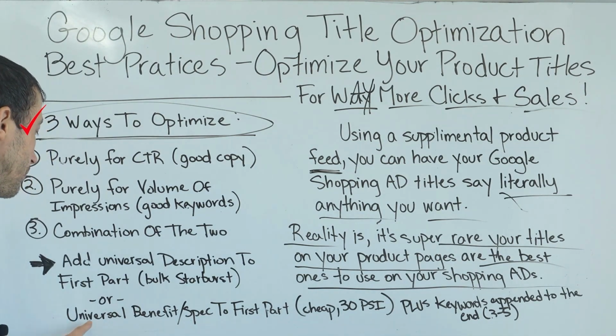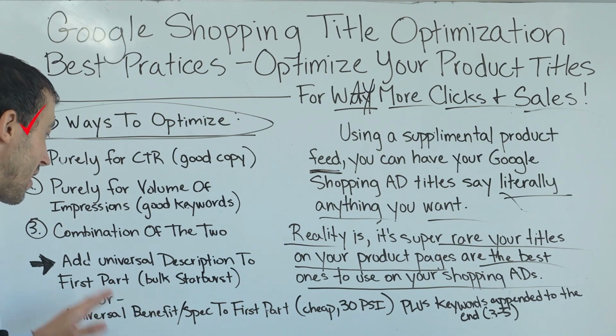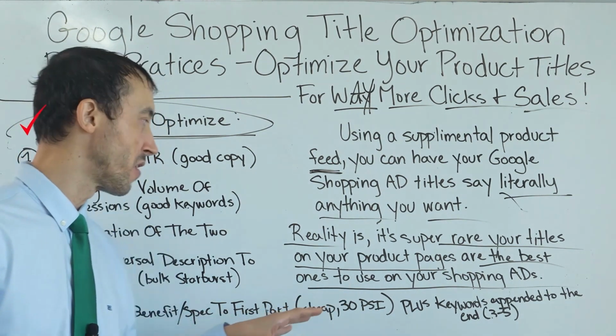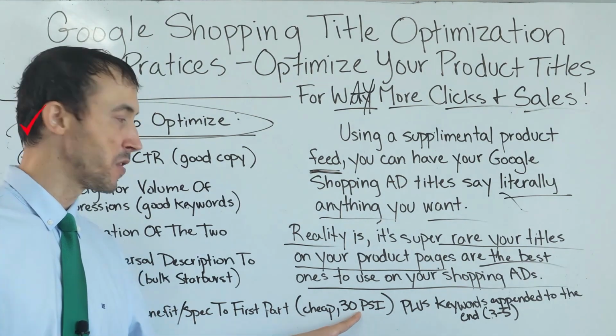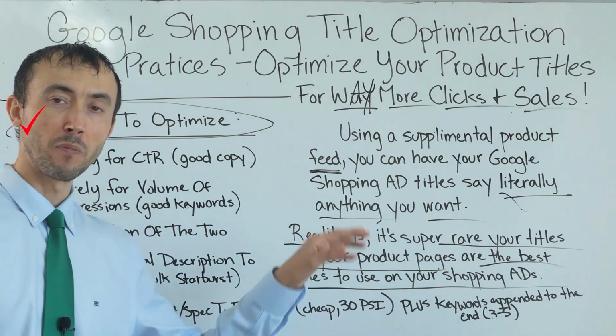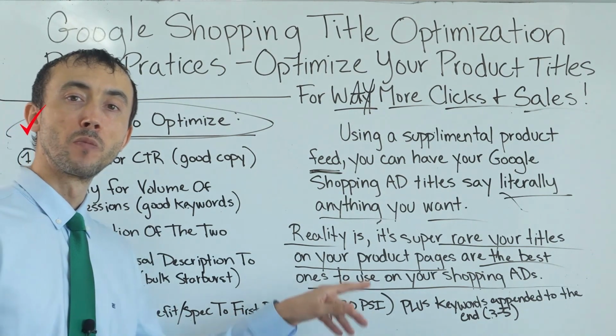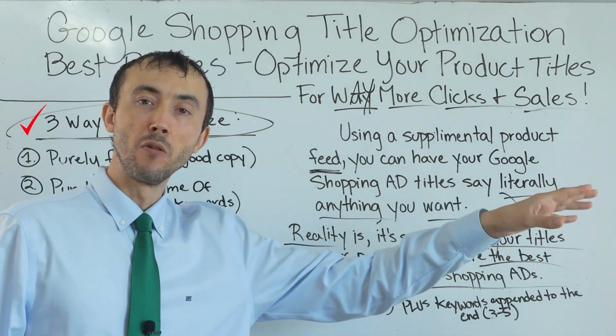With that said, to optimize your product title to get higher click-through rate, you could also, like I mentioned before, add a universal benefit or spec to the first part of your ad. In the auto parts field, it was adding plus 30 horsepower, or we'd add 30 PSI, which is a pressure rating.